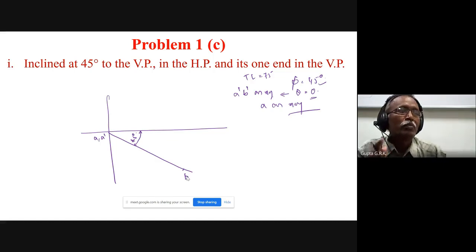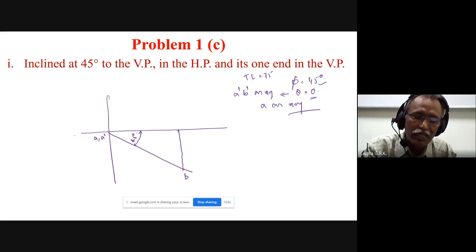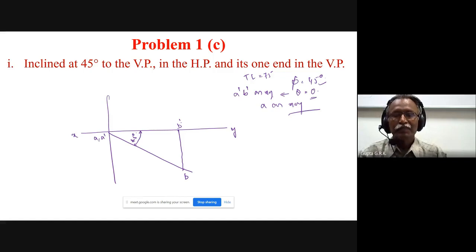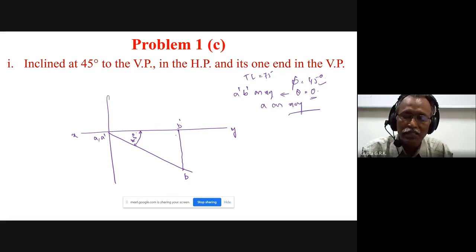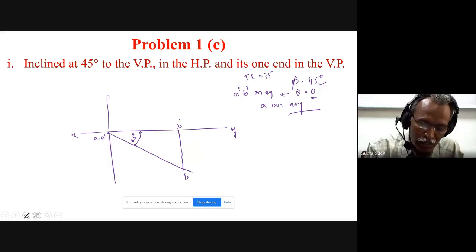B and B dash should be on the same line, and B dash is on XY. So draw projector from B, and wherever it intersects XY, that gives me B dash. Because now you can see A dash, B dash is on XY, and AB is giving me true length at true angle 45 degrees.